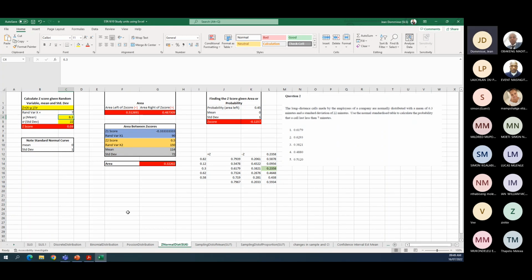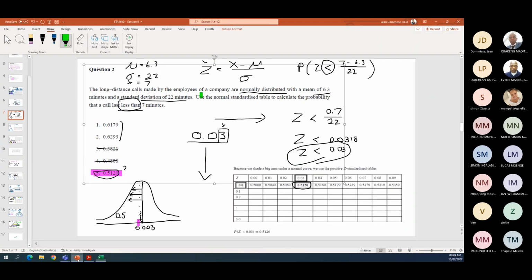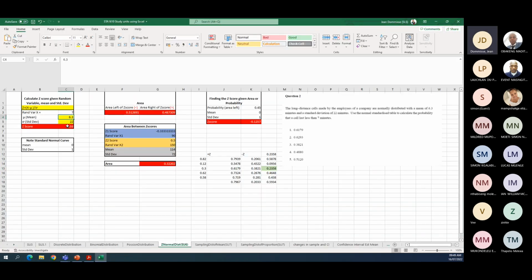Okay, so remember we worked out the Z as 0.03. Here is your Z worked out as 0.03.